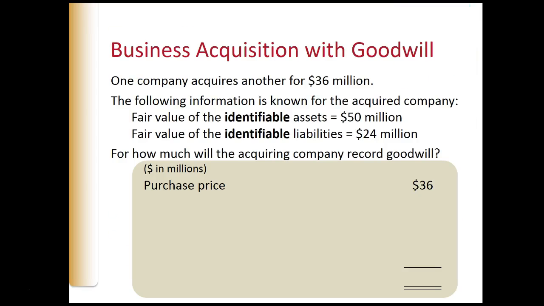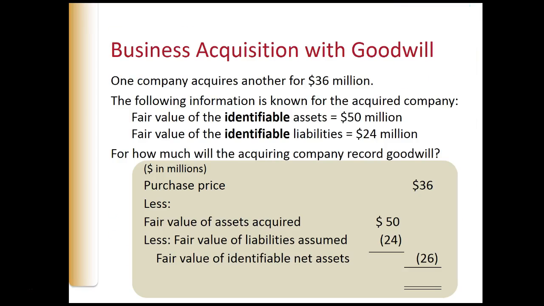This slide summarizes the calculation of goodwill, which is $10 million that Allied Food would report in its balance sheet. Most companies create goodwill to some extent through advertising and training and other efforts.